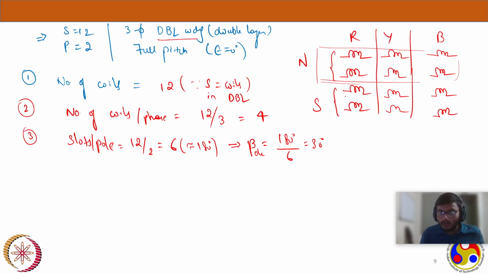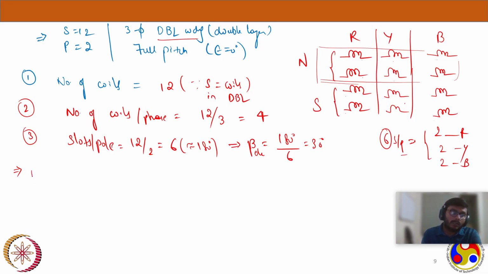And under South Pole, 1, 2, 3, 4, 5, 6. Now the division is clear. Out of 6 slots per pole, 2 for R, 2 to Y phase and 2 to B phase. That is simple logic. So within 6 slots per pole, this is a distribution which will give for each phase.